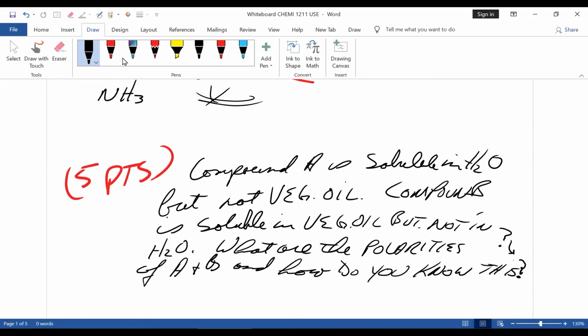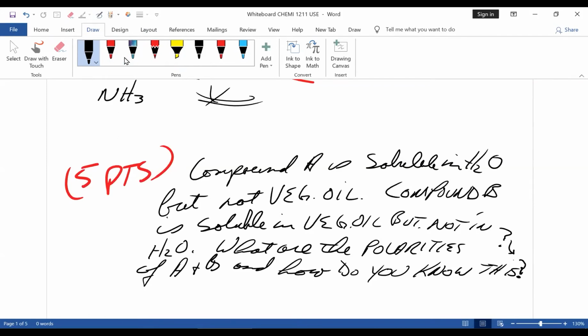5 points. Compound A is soluble in water, but not in vegetable oil. Compound B, and I'm missing a D there. Did I tell you I was always the first one down in a spelling bee? I was. Compound B is soluble in vegetable oil, but not in water.